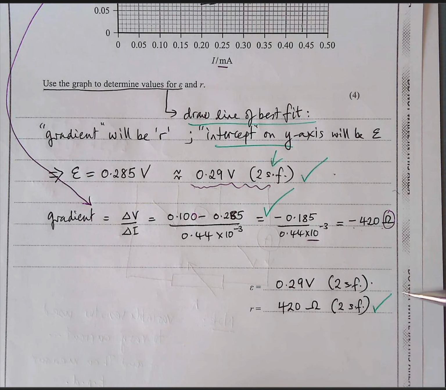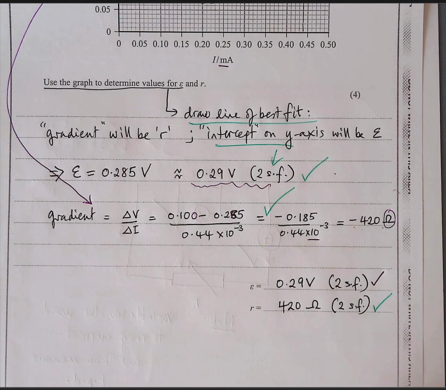So line of best fit, 1 mark. Working out the EMF, 1 mark. Working out the size of the gradient, the magnitude of the gradient, and it has to be roughly between 400 and 430. I've got 420, so I get that mark. And then quoting the resistance, so 1 mark for there. There's your fourth mark.